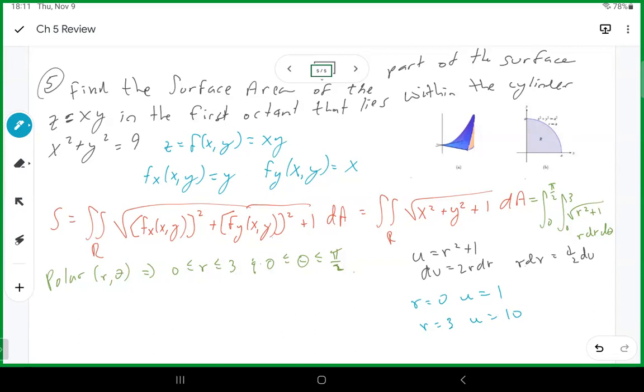So now we would evaluate the integral. This integral over here.